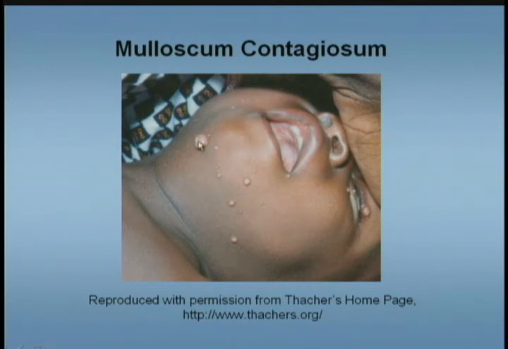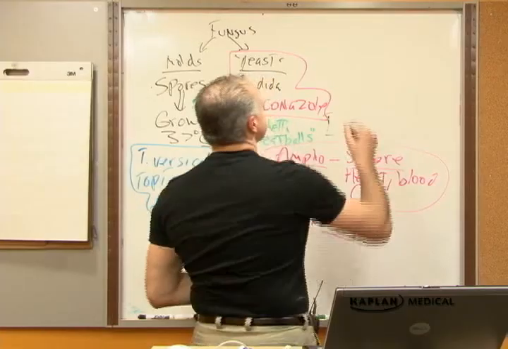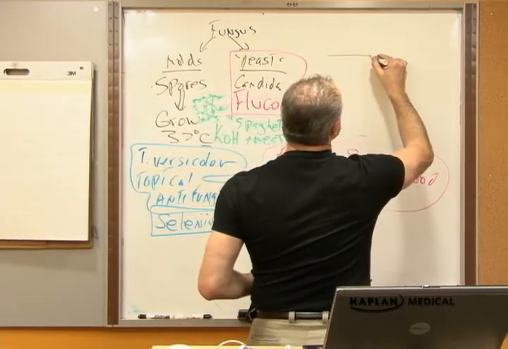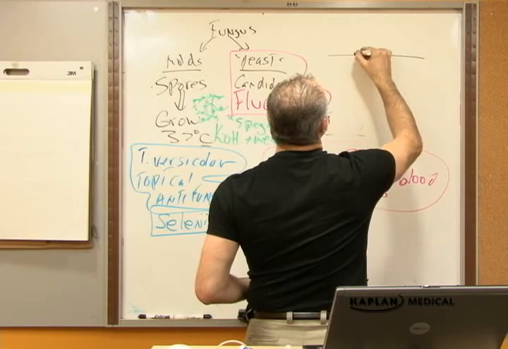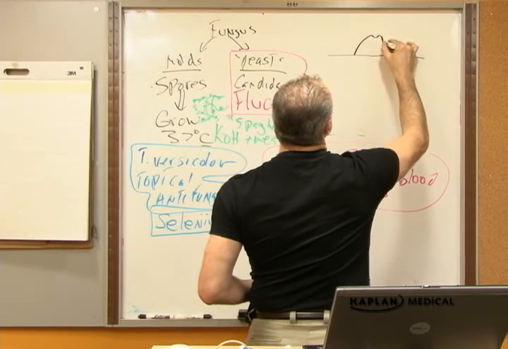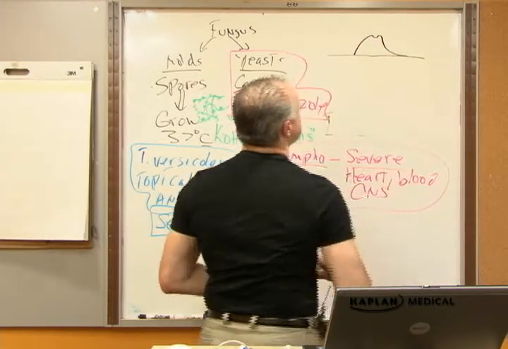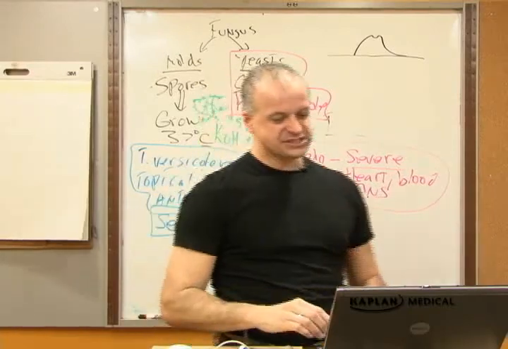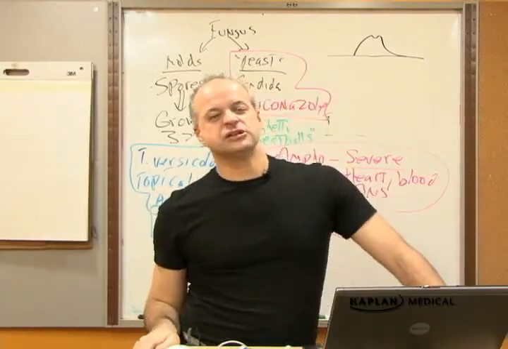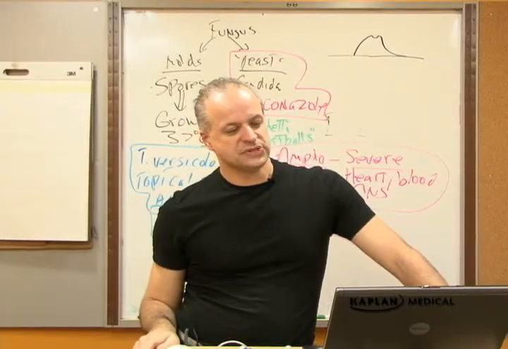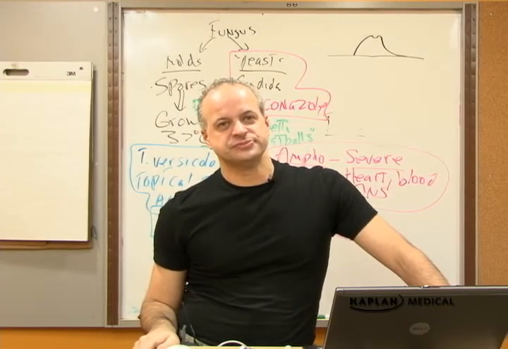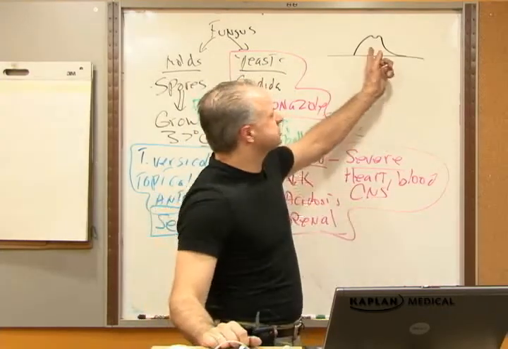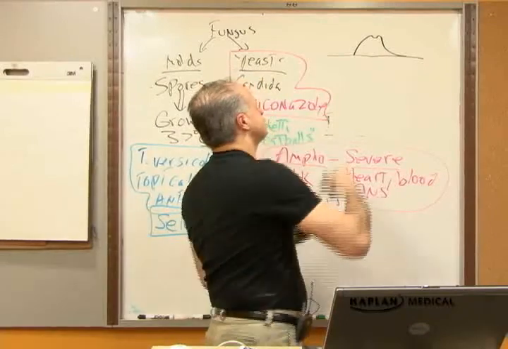So, molluscum contagiosum. Like all warts, molluscum contagiosum is diagnosed by how it looks. It has, as a wart, a little umbilication at the top. And you treat molluscum contagiosum by just removing it.